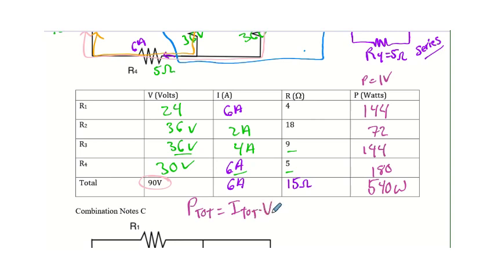Power total equals current total times voltage total, which is going to be 6 amps times 90 volts, which is also going to give me 540 watts. So you can see that we have our power check.